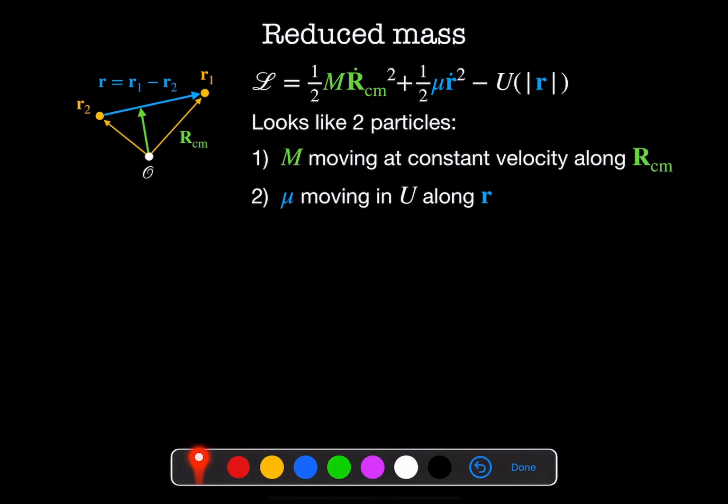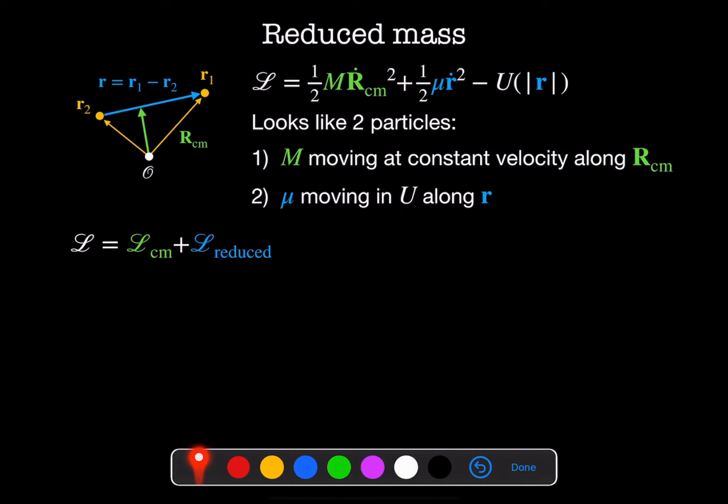This Lagrangian looks like it's really two Lagrangians for two different particles. It looks like there's a particle of mass big M that's moving at constant velocity RCM, and there's another particle of mass mu that's moving in the potential U along some coordinate r.